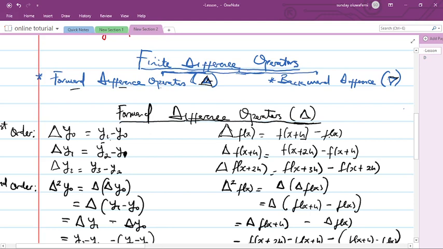Don't worry, by the time we check more examples on this, you will have better understanding of it. So that is about the first order. All this is first order of forward difference operators.